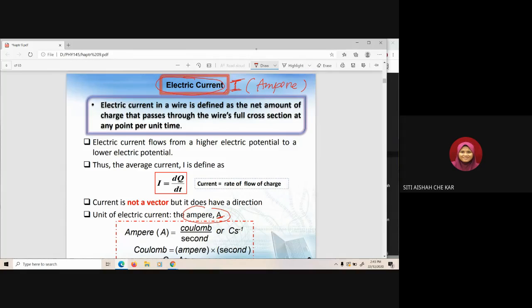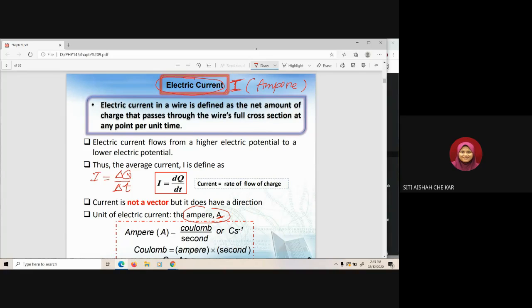So current is one of the SI standard units yang kita belajar dalam chapter 1. Okay, so I equals Q over T. Current I equals the number of charge in certain time.